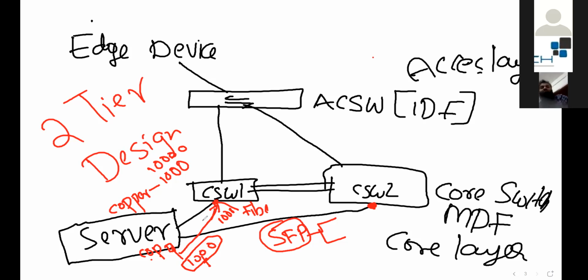It will be automatically adjusted to the lower speed. Now coming back to your point, if you have only a single NIC card, but you have two core switches and you're planning for two connections from your server, check the specific model. The model can adopt an extra NIC or not.